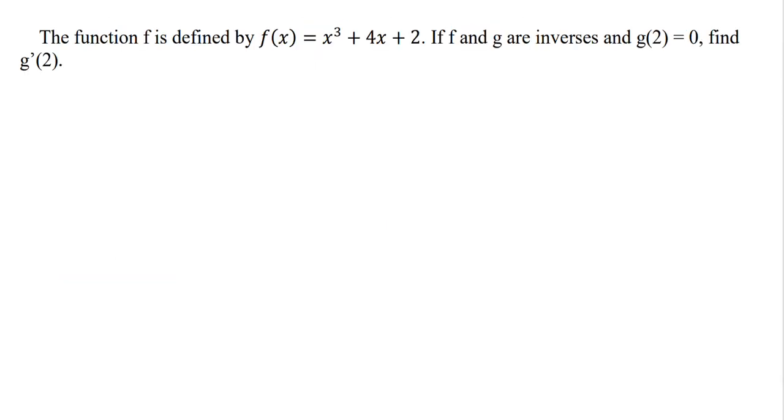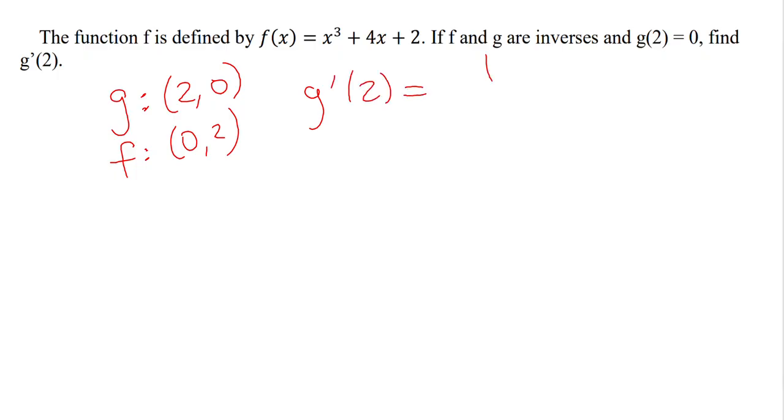All right, we've got 2 more quick ones to do here. So we've got this function x cubed plus 4x plus 2, and we know that g, the inverse of f, has a point 2, comma 0, which means that f has a point 0, comma 2. If we're looking for g prime of 2, according to the inverse rule, it ought to be 1 over f prime of 0.